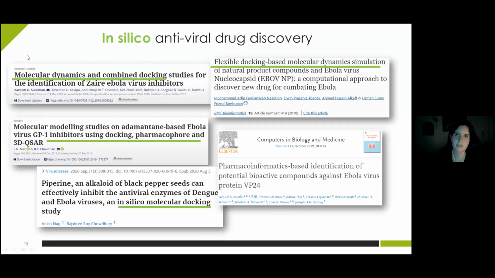And these strategies include pretty standard in silico strategies, such as molecular dynamics, flexible docking, combined efforts of the two, pharmacophore design, and pretty much any standard in silico drug design procedure.